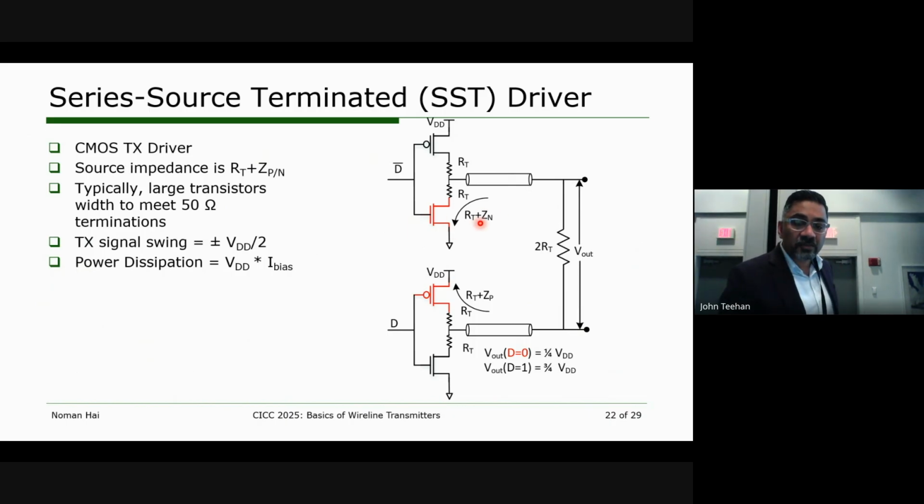So we cannot use the resistance of the NMOS as a termination resistance. So we need to add a passive termination resistance, in this case RT, in series, so that RT plus RZN, I call it the impedance of that NMOS, should be equal to 50 ohms. And this is how the SST driver will look like. And the signal swing does not depend on the current. It depends on the supply voltage, VDD by 2.